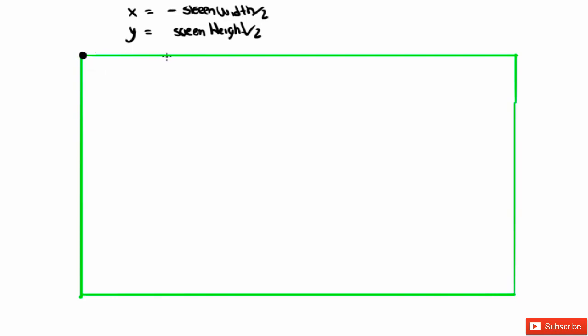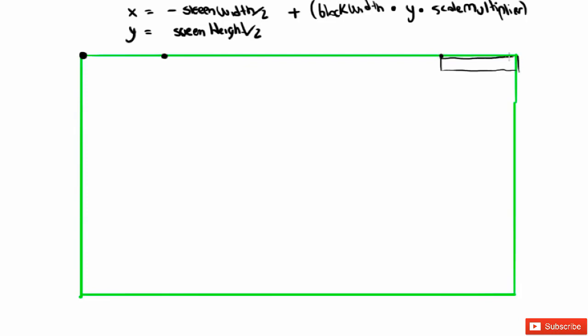So on the x-axis, I want to displace the block width times my current column, which is y, times the scale multiplier. So make sure we are displacing them at the right rate so that the end block ends up just at the rightmost part of our window, of our game window, okay?